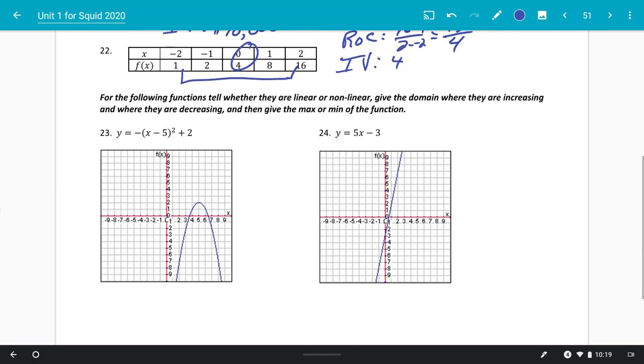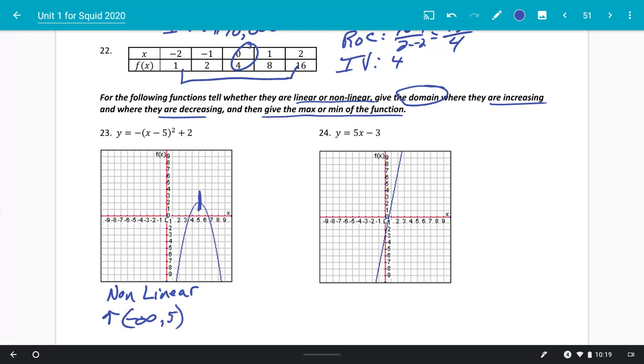Now, 23 and 24: for the following functions, tell whether it's linear or nonlinear, give the domain where it's increasing and where it's decreasing, and then give a maximum or minimum. Okay. So 23 is nonlinear. It is increasing from negative infinity to 5, and then it's decreasing from 5 to infinity.